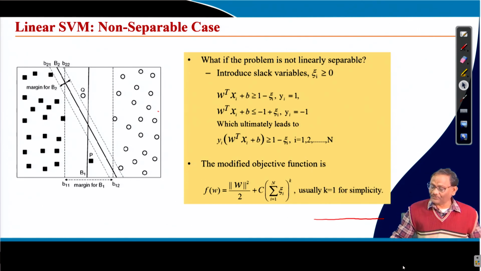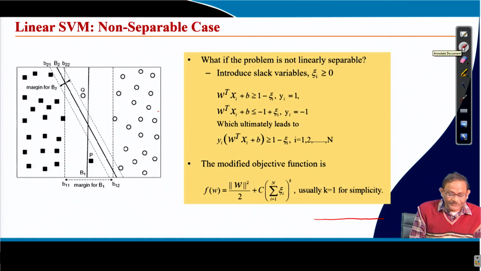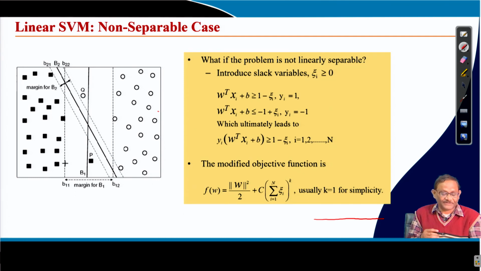Earlier I said to you that no observations or no samples will fall between the margin edge hyperplanes. In between the two margin hyperplanes, there will be no sample values or no observations.